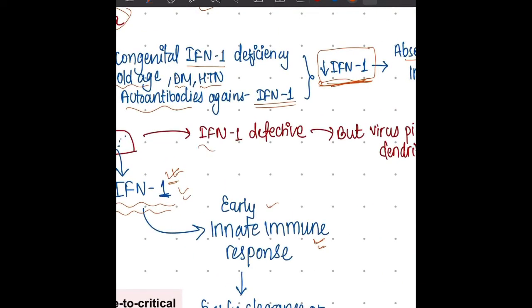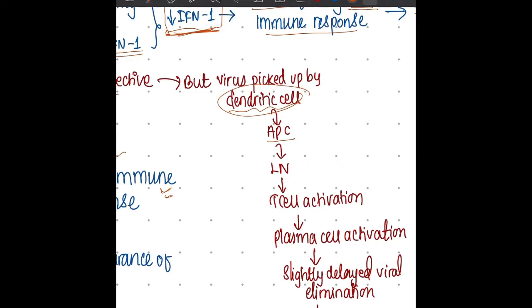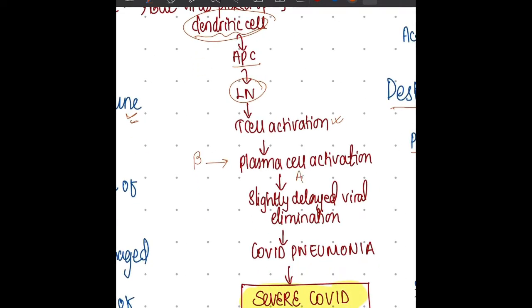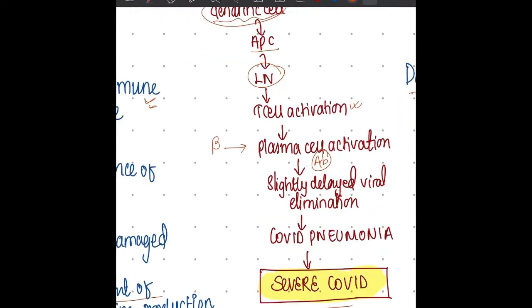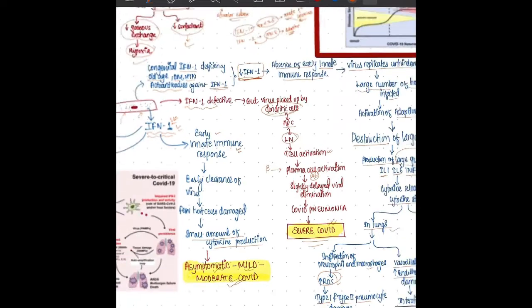What happens is that in these forms there is a slight deficiency or defect in interferon 1, due to which the virus cannot be eliminated early, but later on, because of the activity of the resident macrophages and dendritic cells, which pick up the virus, act as antigen presenting cells, and present to the local lymph nodes, T cells are activated. T cells cause differentiation of B cells into plasma cells, which ultimately secrete antibodies, and these antibodies cause elimination of the virus only at the expense of slight destruction of host cells, which causes severe COVID infection.